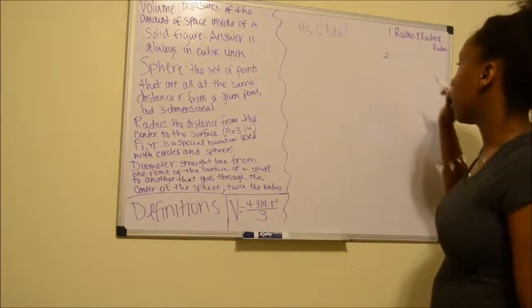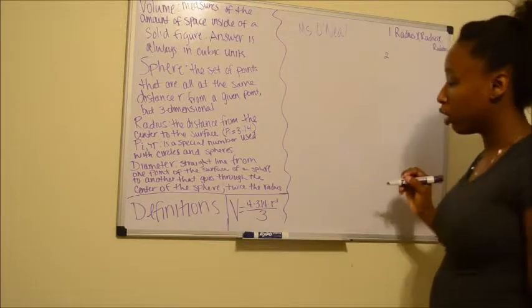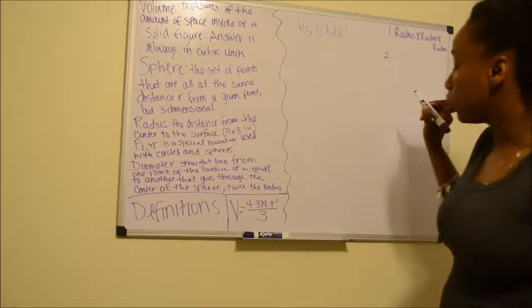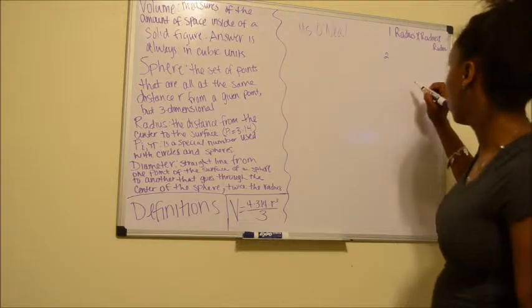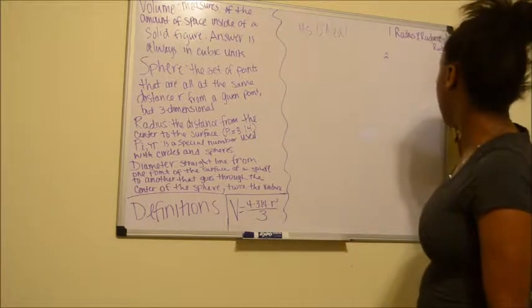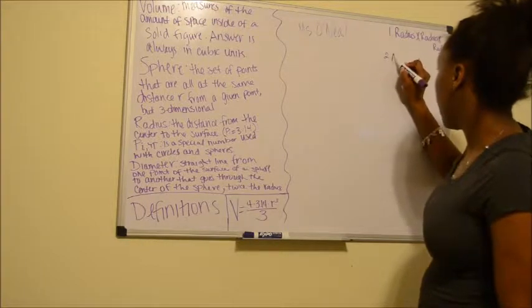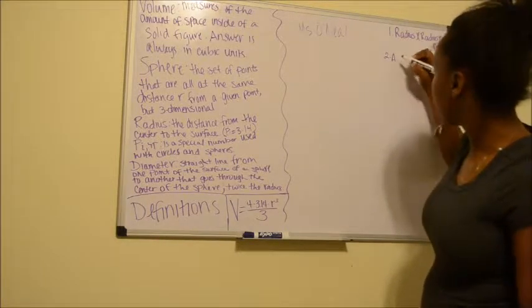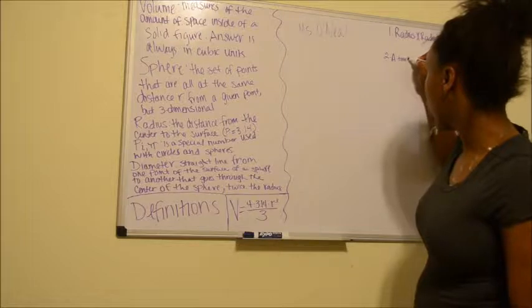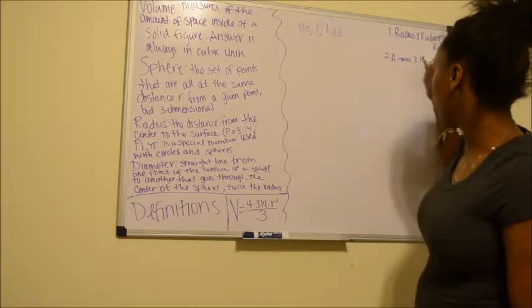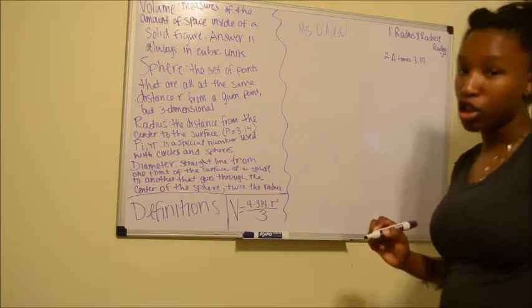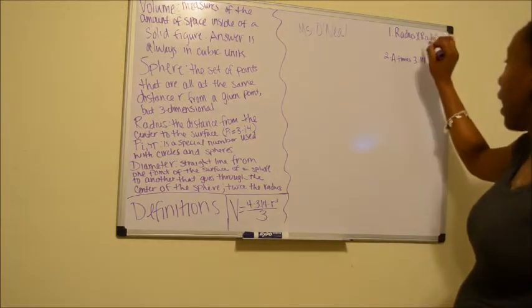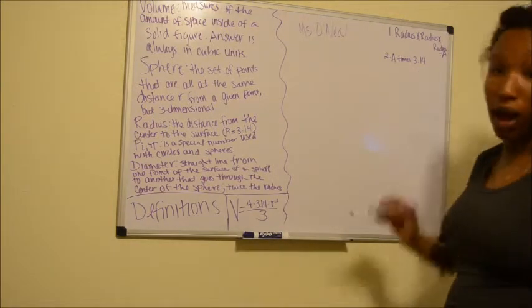Then the second step, we're going to multiply that answer, which we'll say equals A. We'll do A times 3.14, which is pi. So you're going to do the amount from A times pi.